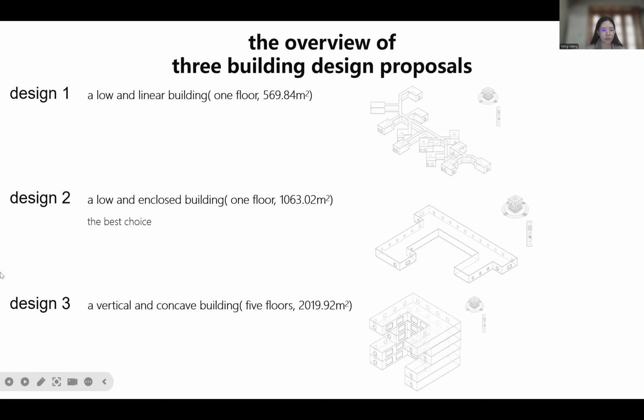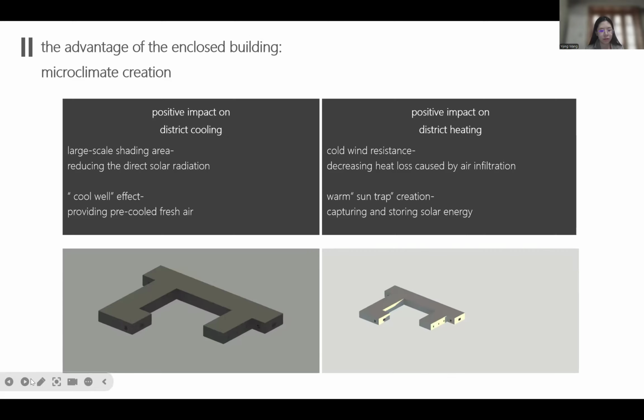Why? First, the enclosed form provides large-scale shading. It significantly reduces direct solar radiation on facades and the courtyard. Second, it creates a cold well effect. Cool air accumulates at the bottom of the courtyard.